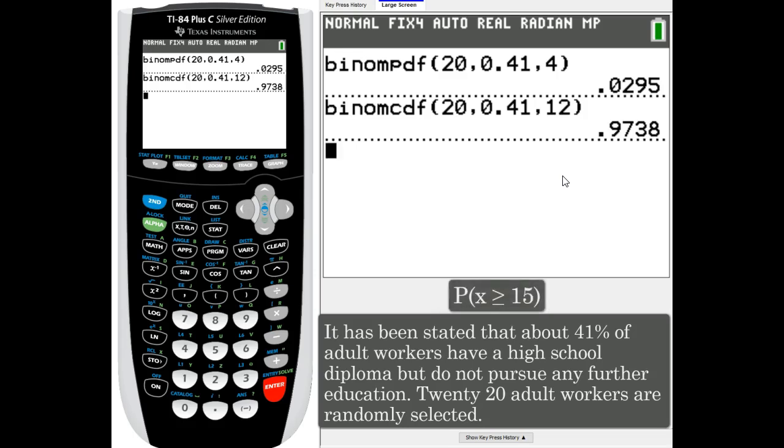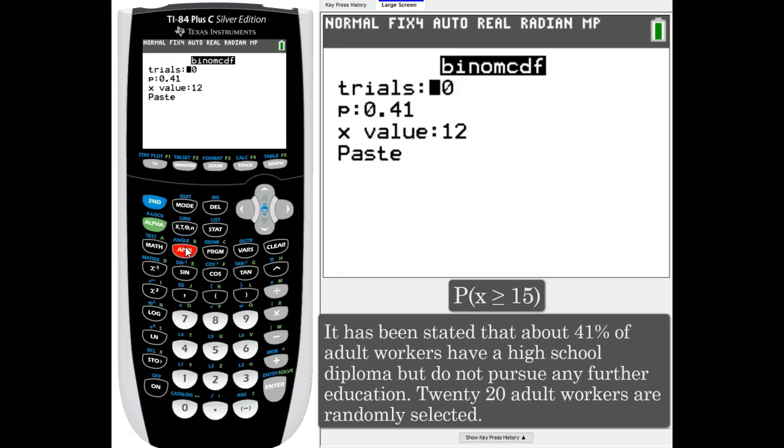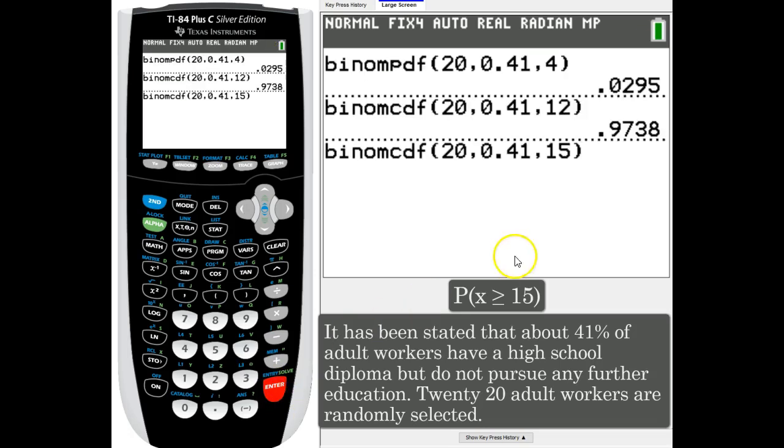So let's find the probability that at least 15 of them have a high school diploma but do not pursue any education. If I straight off use the binomial cumulative distribution function, so second distribution, alpha B, and change our value to 15, we would get 0.9996, but that would be less than or equal to 15.